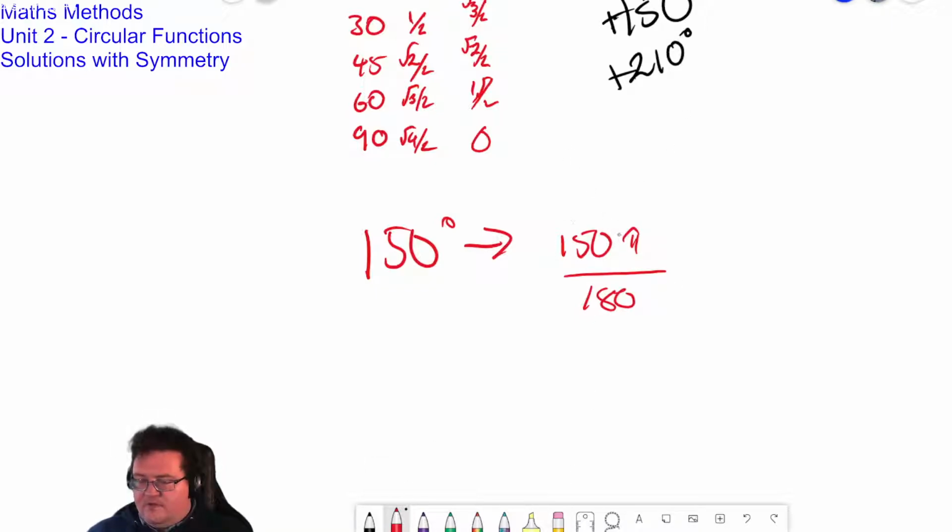I've got 30 here, so it's 30 times 5, and here I've got 30 times 6. The 30s cancel out and I'm left with 5 pi on 6.